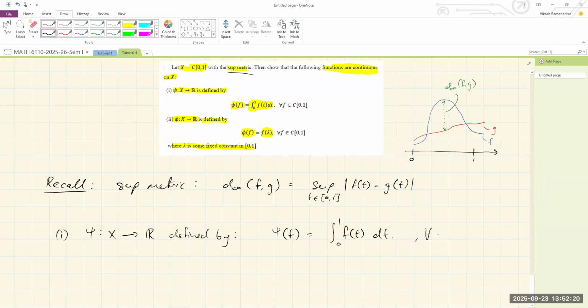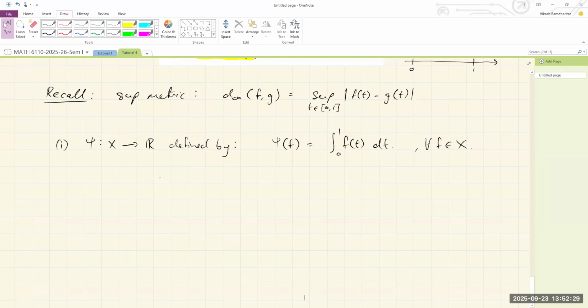Okay, so for all continuous functions. All right, so I want to show that psi is continuous. So let epsilon be bigger than 0 and choose delta, and I'm going to leave a space here because I'm not sure what the relationship between delta and epsilon will be, but we'll see later on.